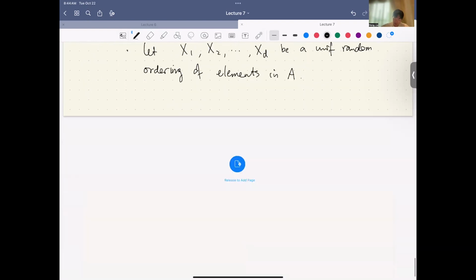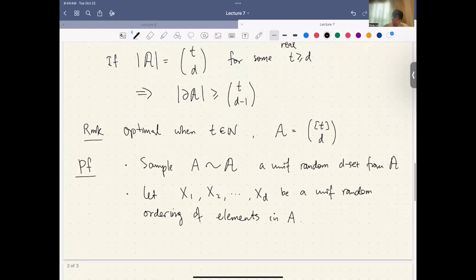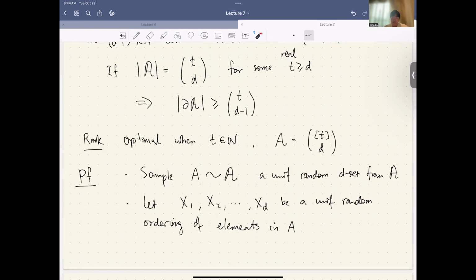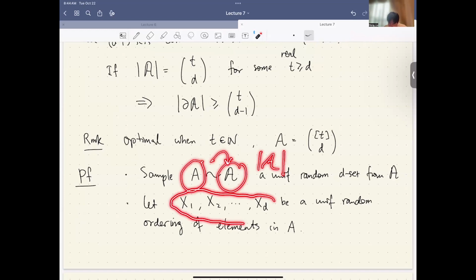All right. Then what's the size of the universe of this random variable taking values from? Well, the range of A is the cardinality of this family A. But then we also randomly label ordered elements in A. So we should multiply by d factorial of all possible orderings.